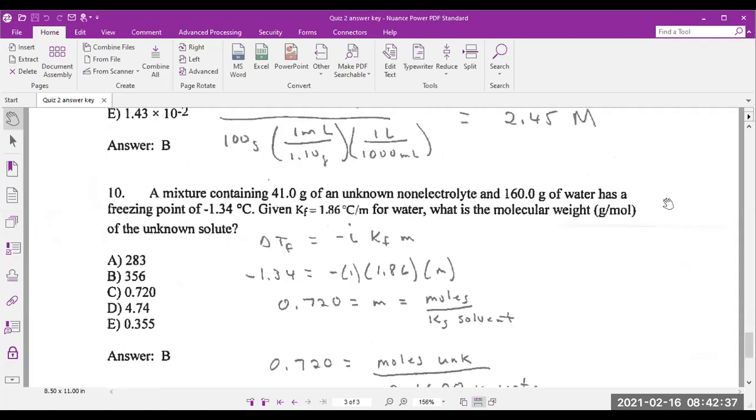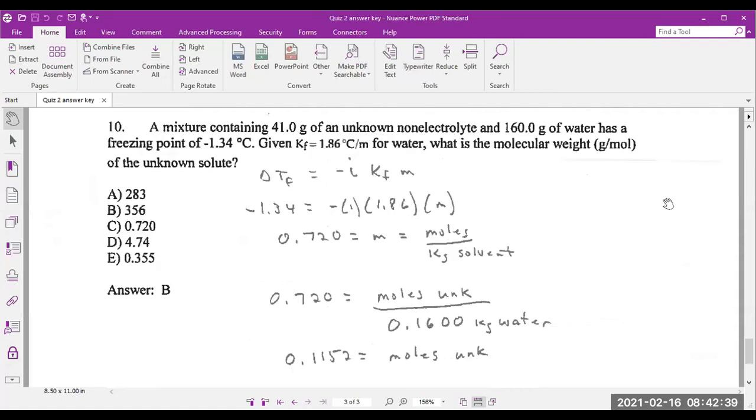Then the final question, number 10, we have a mixture that contains 41 grams of a non-electrolyte and 160 grams of water. And we're told the freezing point is now minus 1.34 degrees. So normally the water's freezing point is 0.